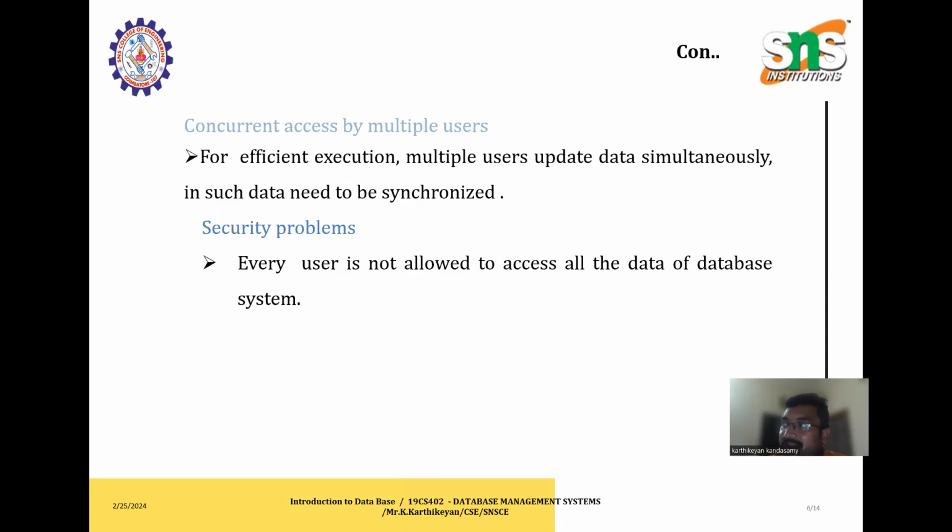For example, I have a PIN number and a security password for my data. If I try to access another person's personal data, it will not be accepted because you're not allowed to access other people's data. Each and every piece of data has a security purpose when stored in your database. This is the security sector of your database management system.